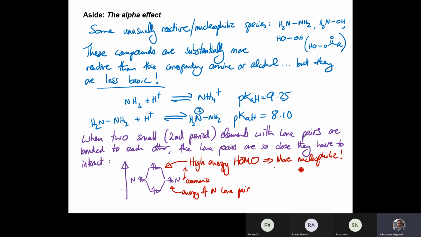So remember, for reactivity, you want a high HOMO and a low LUMO. Those two things give a good energy match. Okay. Typically, LUMO, the lowest unoccupied molecular orbital, is often an antibonding orbital.